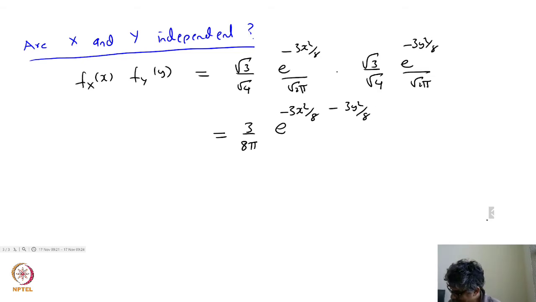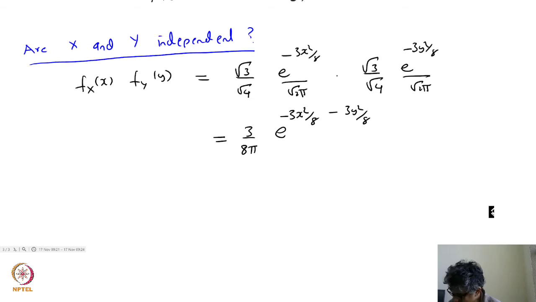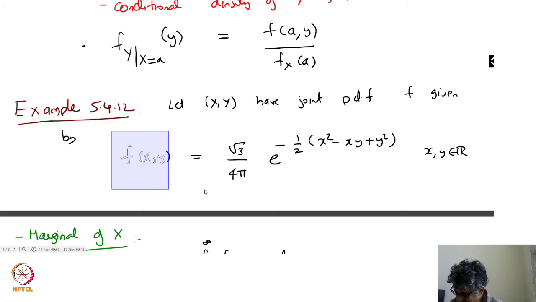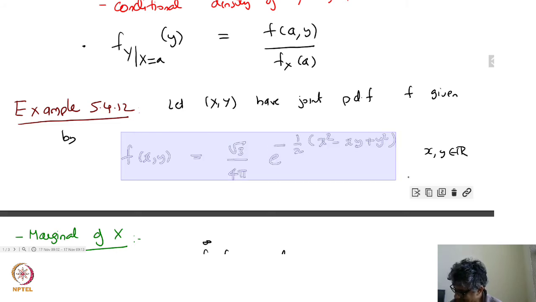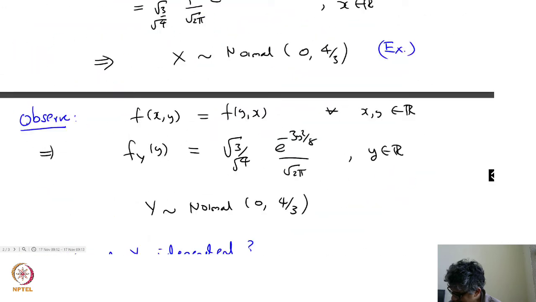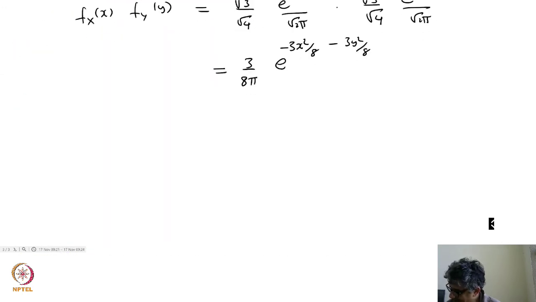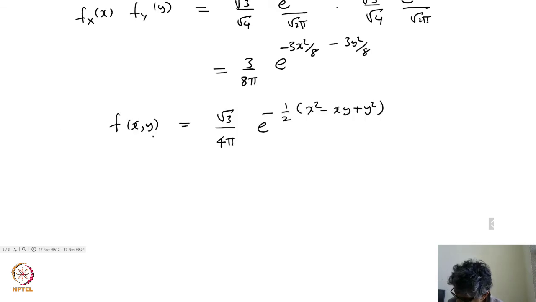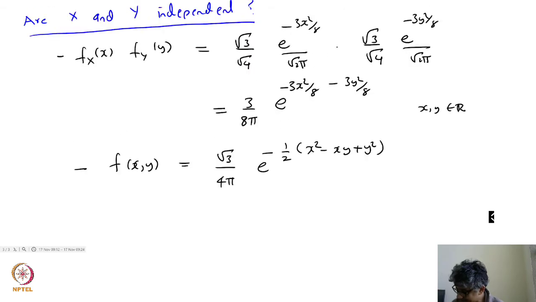And clearly, if you go back and look at the joint density of x and y as this guy, let me copy it and bring it down. So the joint density of x and y is equal to this. This is for all x and y. The joint density looks like this, the plot of the margins looks like this.